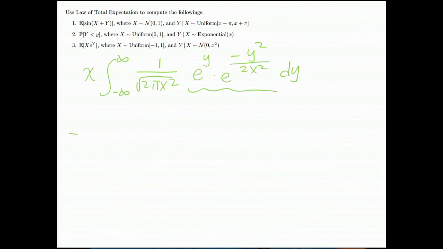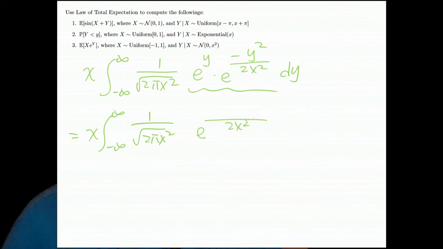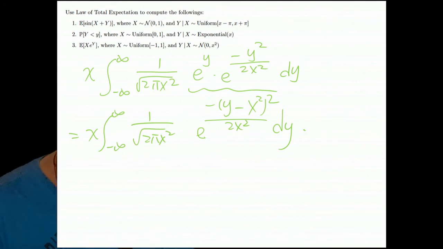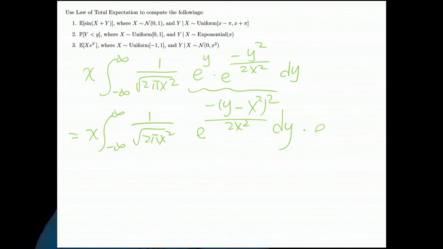So here finally you will have exponential of minus y minus x squared, squared, dy. And also I will have the outside term, exponential x squared divided by 2.